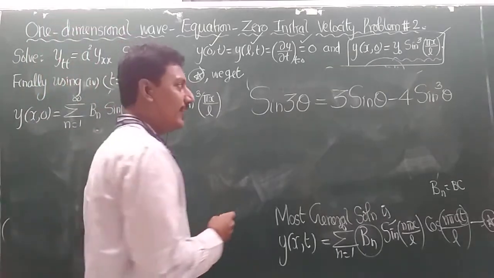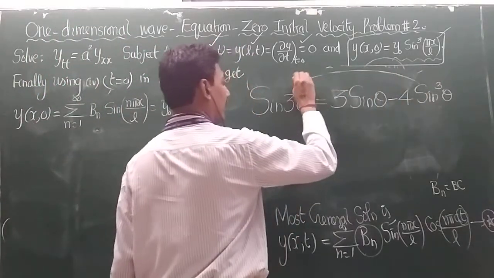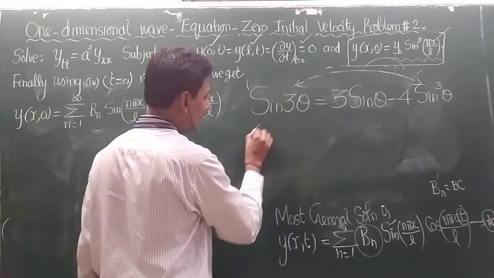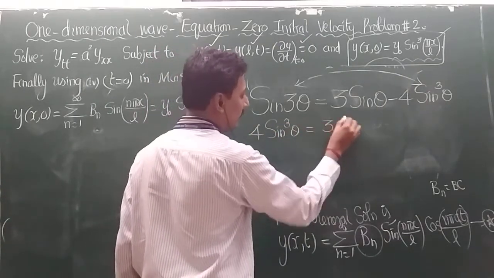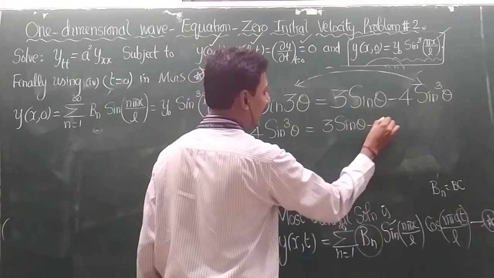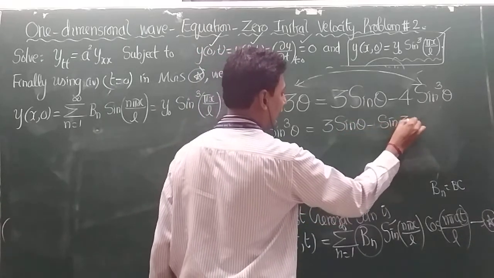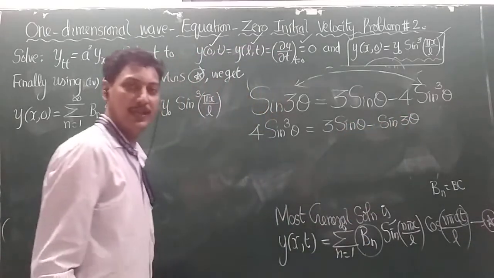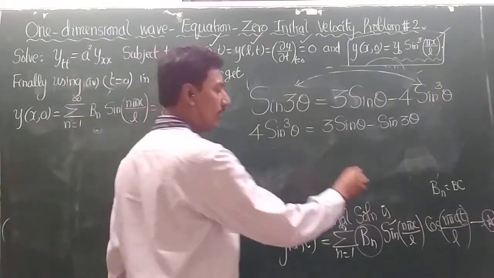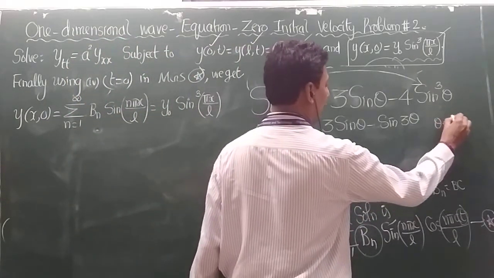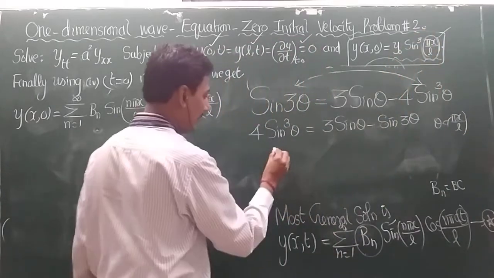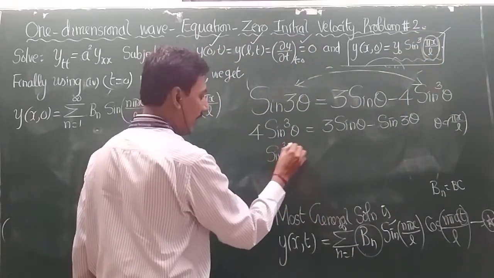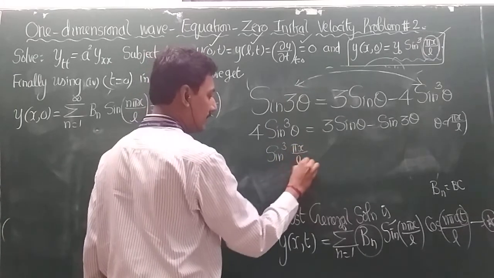Now, can we replace these two terms mutually? The left hand side becomes 4 sine cube theta is equal to 3 sine theta minus sine 3 theta. Is it clear? Can we divide this by 4 and take theta equal to pi x by L, because in the given data it is pi x by L?